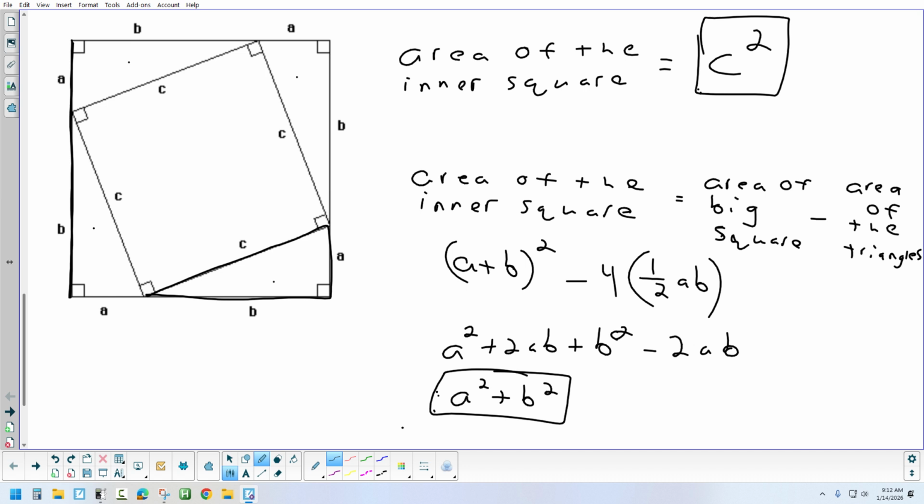Yeah, we can set them equal to each other because they're calculating the same thing. So c squared equals a squared plus b squared. So that's one way that you can prove the Pythagorean theorem. And referencing this diagram, a is one leg, b is another leg, and c is the hypotenuse of a triangle.